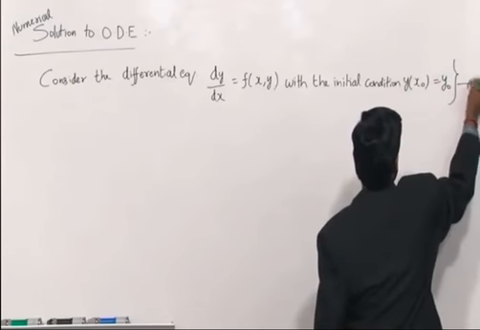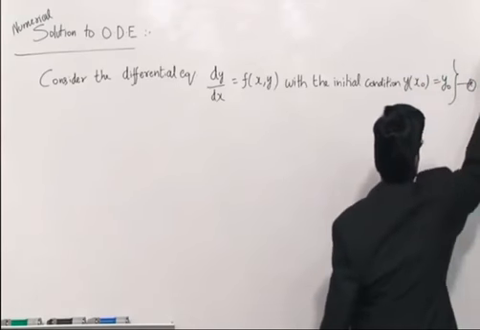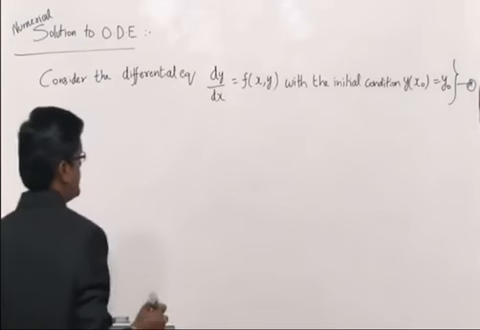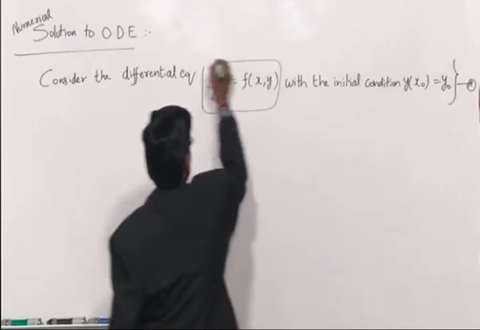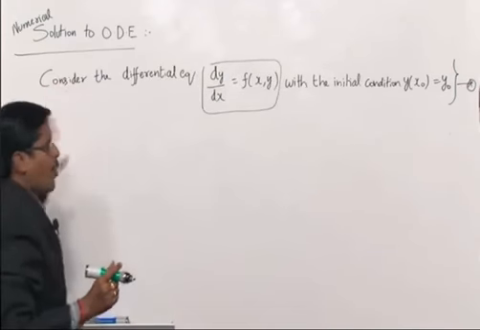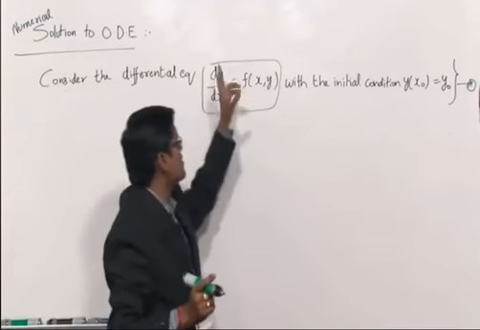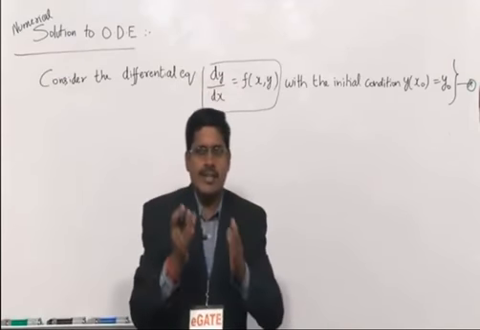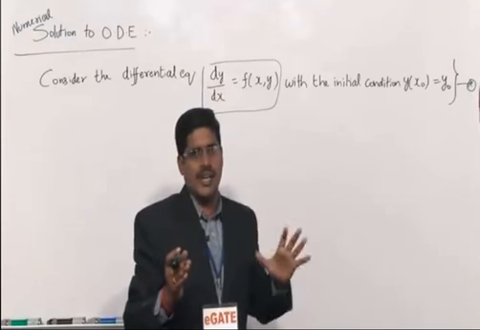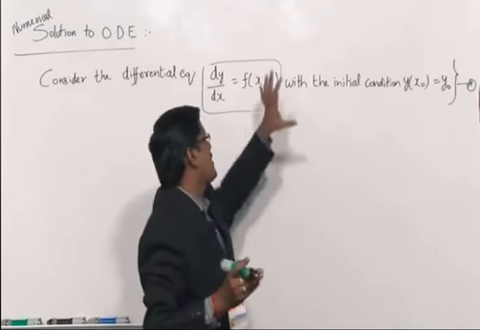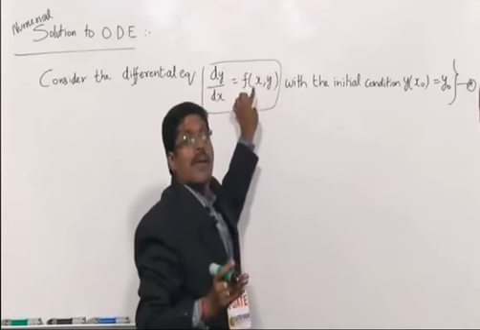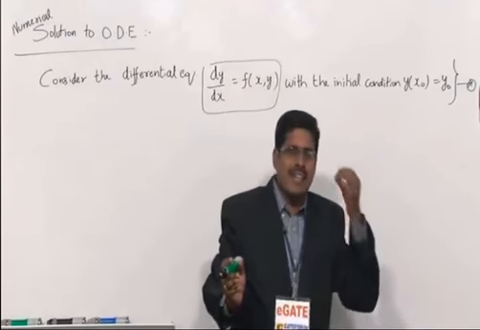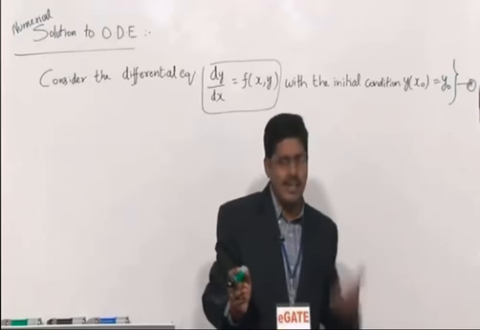Just say this equation is star. Now in all the methods of the second topic, your equation is in this standard form. What is the standard form of your equation? Dy by dx, that is derivative only on the left side. If any other terms, bring them to the right side, and that right side term is denoted by f of x comma y with the starting values of x and y, that is x naught, y naught. These are called initial conditions.